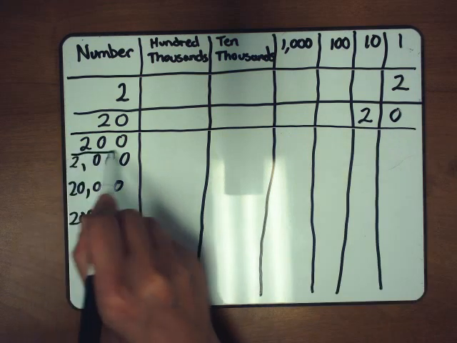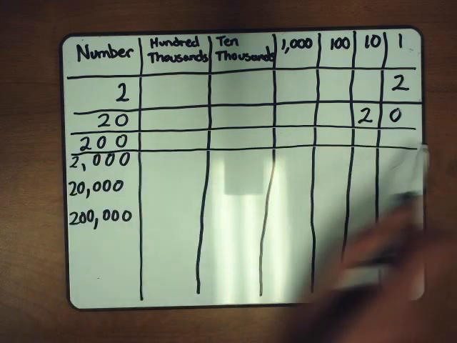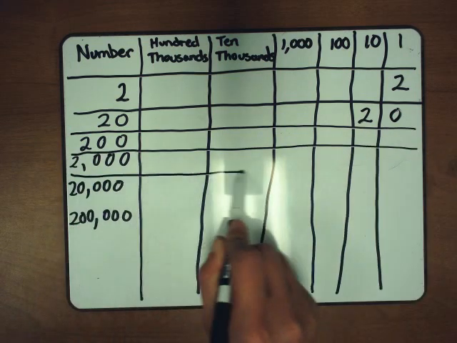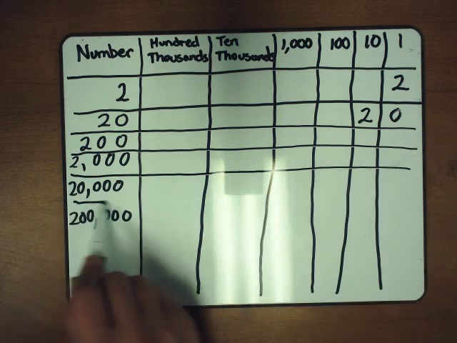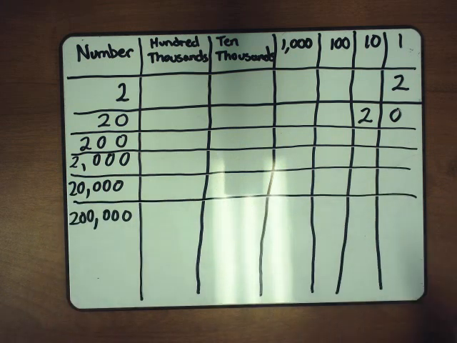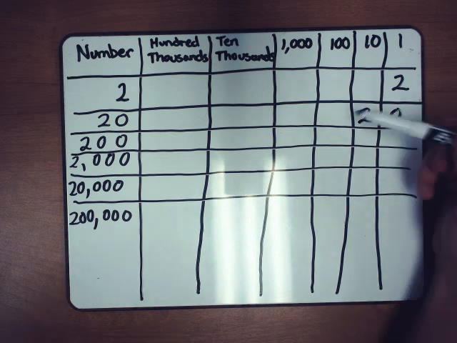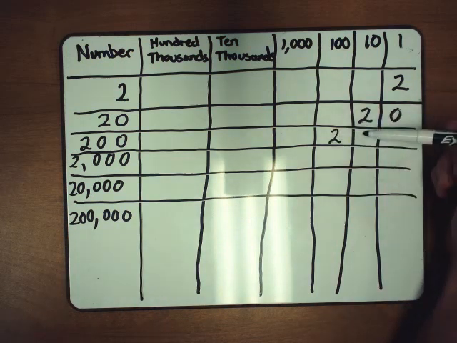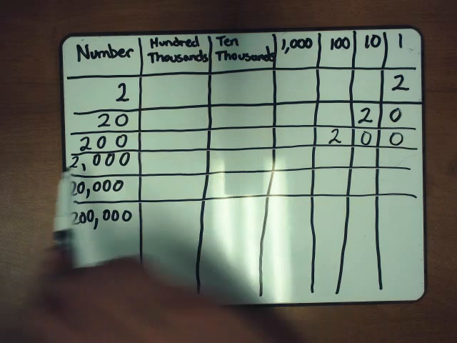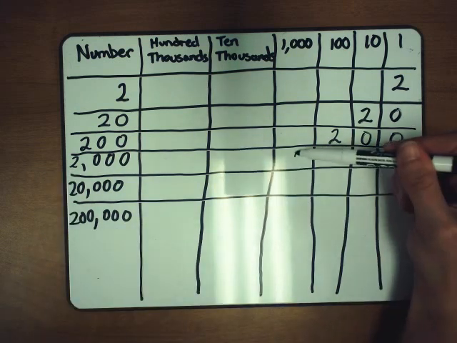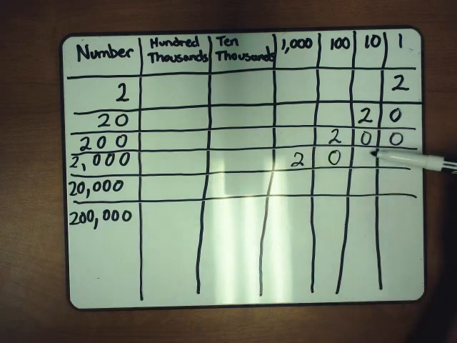I'll go ahead and draw the rest of my lines to keep myself organized. You need to do the same. A 2 in the hundreds column stands for 2 hundreds, 0 tens, 0 ones. A 2 in the thousands column, 2 thousands, 0 hundreds, 0 tens, 0 ones.